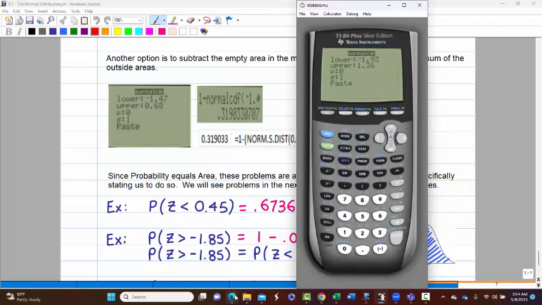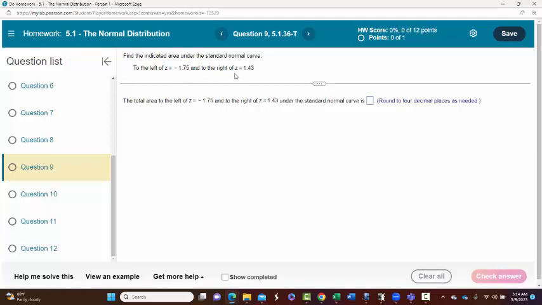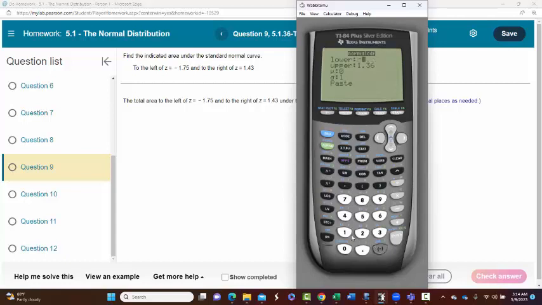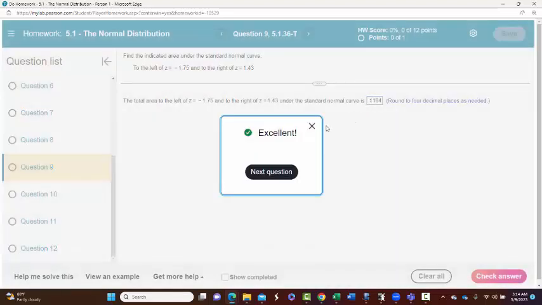So let's look at my two numbers, lower than upper, negative 1.75 to 1.43. Enter. So I like 1164, and let's see how that works.